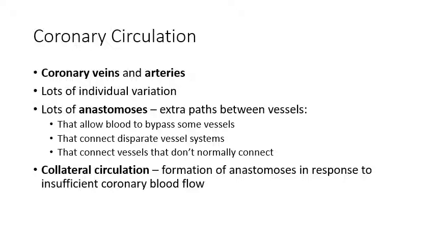It also refers to the ability of the heart to form new anastomoses in response to problems with blood flow. If a specific part of the heart isn't getting enough blood, the heart can actually form additional anastomoses connecting different parts of the circulation to skip wherever the blockage is, so that part of the heart wall can get blood again.